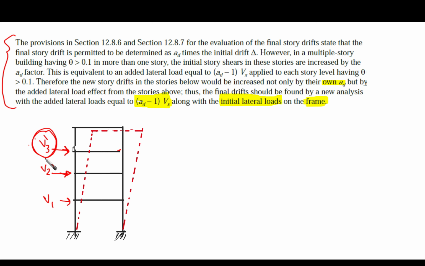But the problem is, this V3 prime is going to add some additional moments on the lower floors, right? On V2 and V1. That's right, because whenever we increase, let's assume that V3, which is without P delta, was 100 kilonewton. However, that V3 prime with the inclusion of P delta was 120, for example, kilonewton.